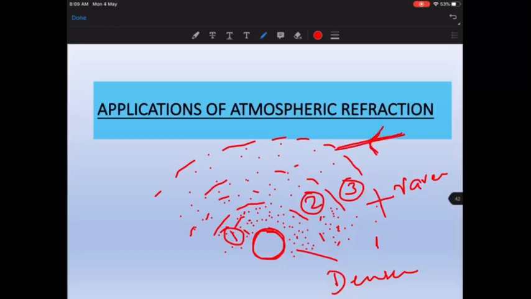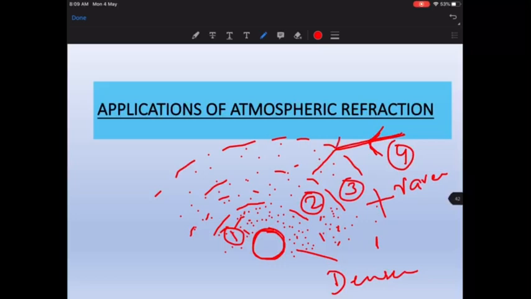At this point the light is going to come straight, but as it enters layer 3, as compared to layer 4, which is a rarer medium, it is a slightly denser medium. If you compare layer 4 and atmospheric layer number 3, number 3 is slightly denser as compared to number 4. So it is going to bend towards the normal.